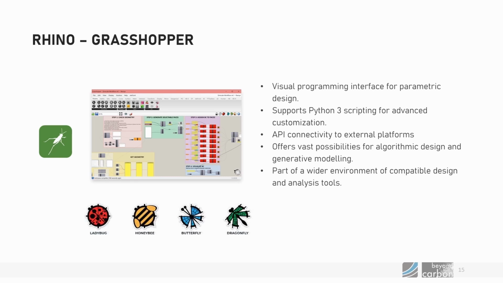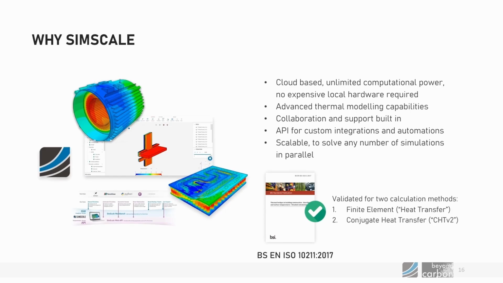So that's Grasshopper. Why SimScale? Well, SimScale is incredibly powerful as a platform. It's a cloud-based system, so you don't need any expensive local hardware. All of the computing power is on servers. It's got very advanced thermal modeling capabilities, meaning you can model a jet engine, you can model heat sinks for microchips. So buildings are pretty easy for SimScale because they don't move for a start.